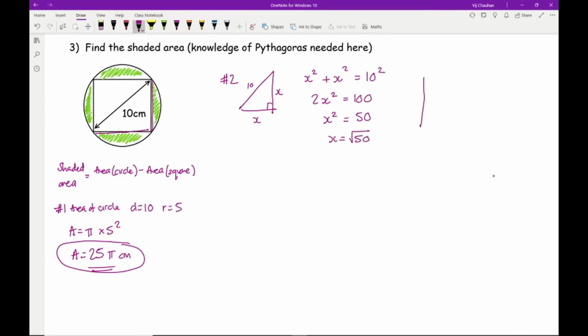So working out the area of this square, which is quite poorly drawn, I know that the length of this square is root 50.